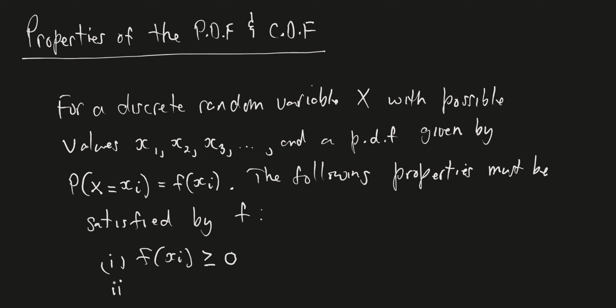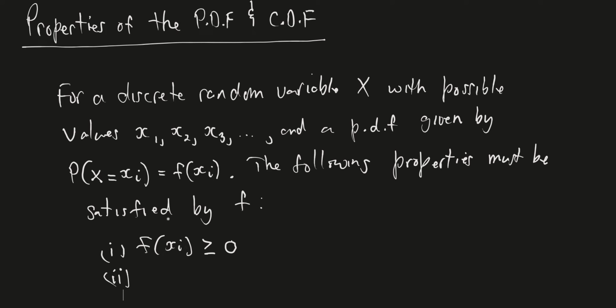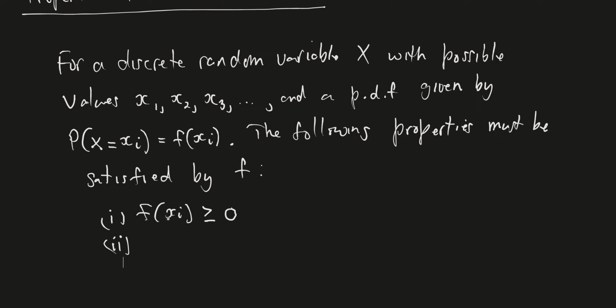The second property, and there are just two. Now, the thing is, it can't just be any old function that's positive. Because remember, our first axiom of probability says that the probability of the sample space is equal to 1. So what this means is, if I were to sum up all of these probabilities, right?